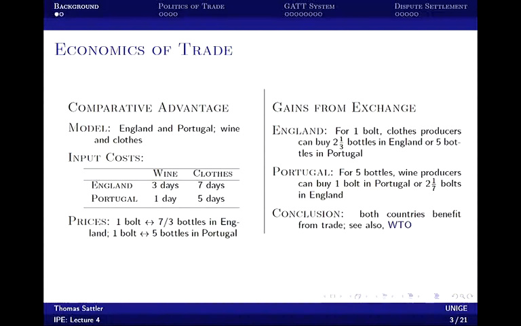We already did 3 weeks of IPE, and we discussed the evolution of the international trading system. So if you hear this story, what should you ask yourself? What's the implication of this? There shouldn't be any political discussion about having tariffs because everybody's going to be better off, right?